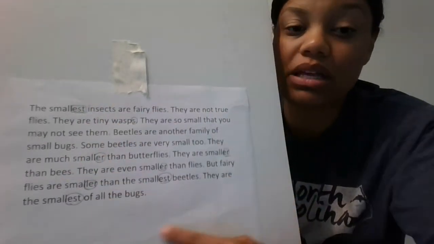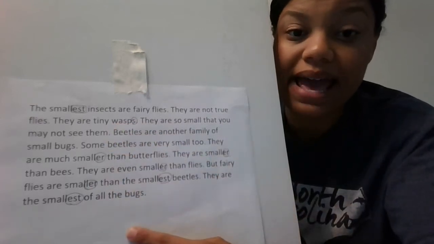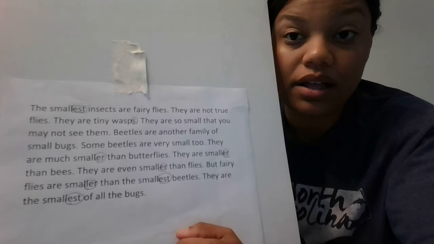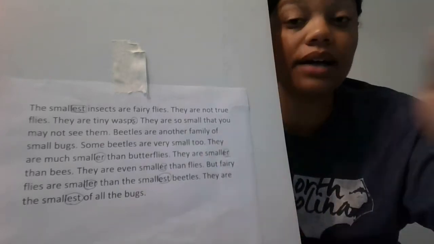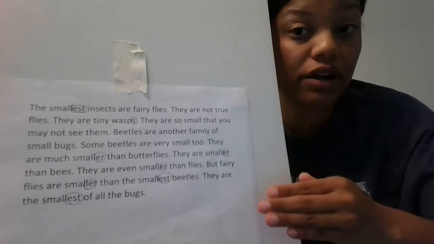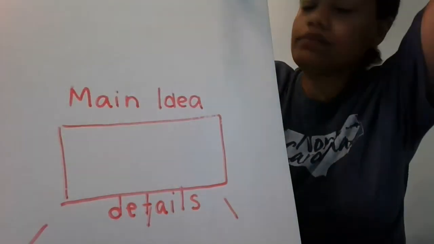Now, they do give me lots of information just about fairy flies. And it seems to be in this text, they're constantly comparing the size of the fairy fly to other insects. So let's fill out this chart.